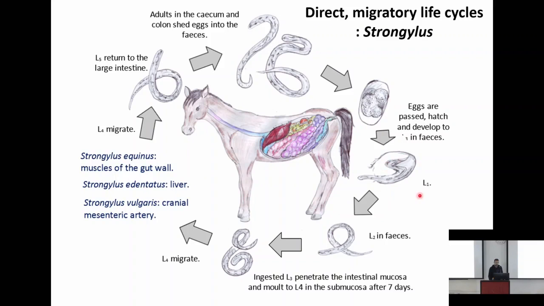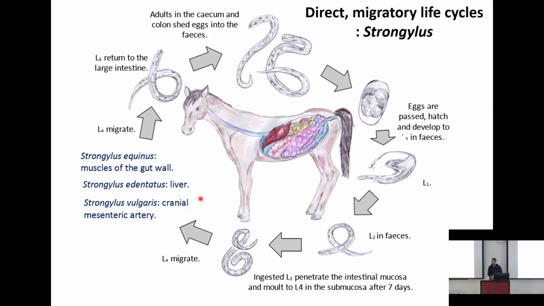The L1 stage larvae come out from the eggshell and convert into L2 stage larvae in the feces, and then into L3 stage larvae, which is the infective stage. Similar to other Strongyles, L3 stage larvae is the infective stage, and it penetrates into the intestinal mucosa and molts into L4 stage larvae.